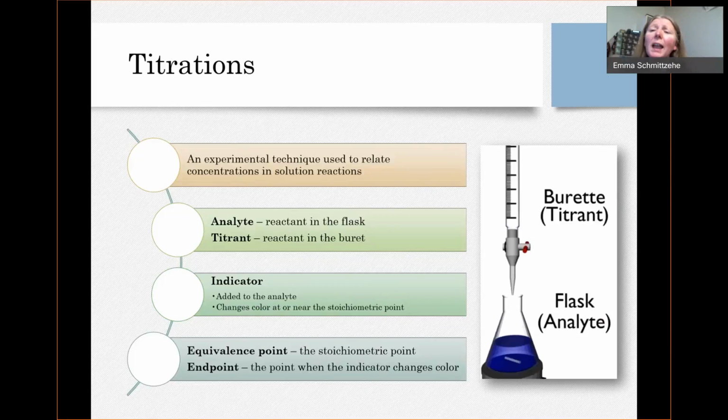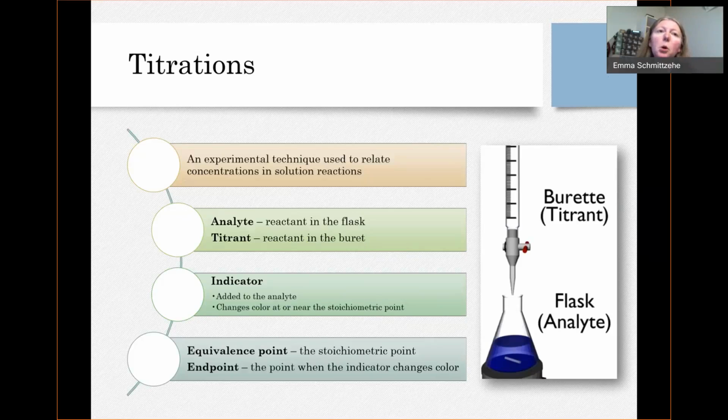The calculations you're doing for any titration data are just stoichiometric calculations, so it's really a solution stoichiometry problem. I'm going to do a couple of examples, and the examples I'm going to do are acid-base titrations.